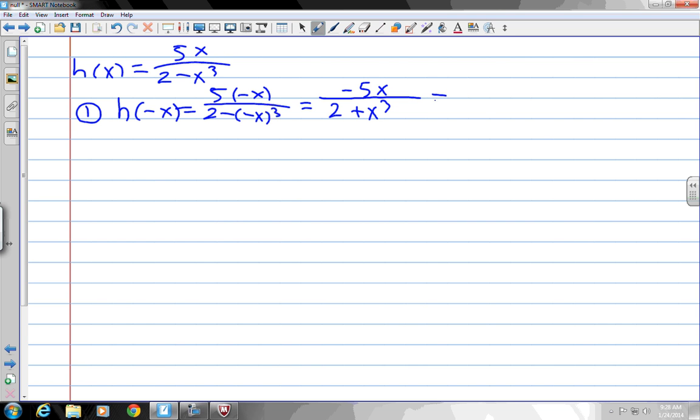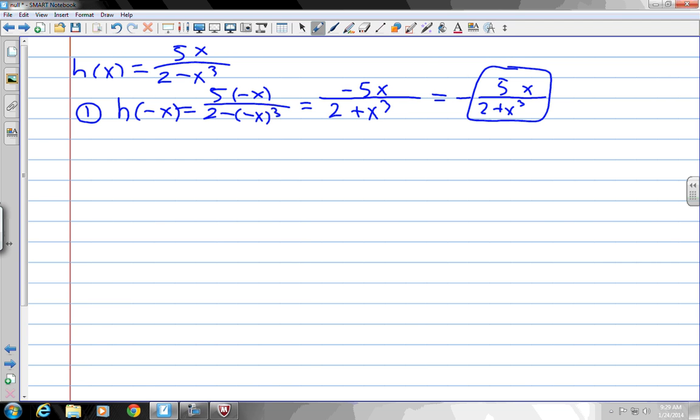I can actually do this by the properties of fractions. I can take the negative from the numerator, since this negative is applied to the entire numerator, and place that negative in front of the function like so. Is this the same as the original function? No, not really.